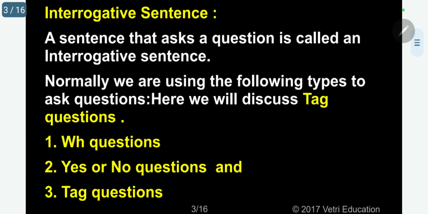Here we will discuss tag questions using secondary auxiliary verb or modal verb. Number one, WH questions. Number two, yes or no questions. And number three, tag questions. Please follow.